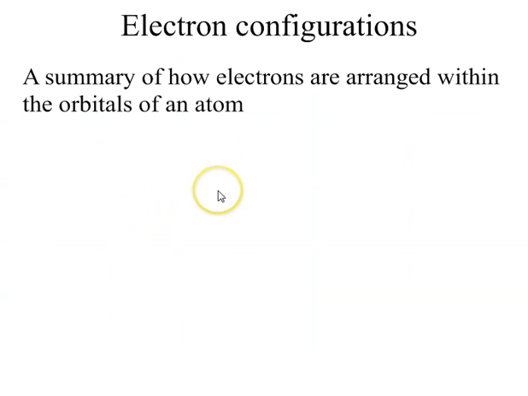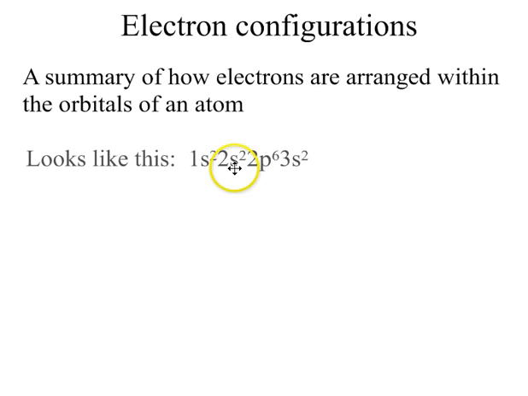The electron configurations, we started writing these on our big pieces of paper. Electron configurations are really just the summary of how electrons are arranged within the orbitals of the atom. They look like this: 1s2, 2s2, 2p6, 3s2, and you can actually identify an atom from this alone, if you count up the superscripts. 2 plus 2, that's 4, plus 6 is 10, plus 2 is 12. 12 electrons.